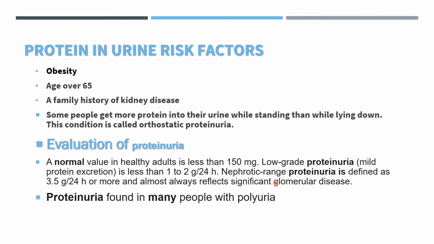Nephrotic range proteinuria is defined as 3.5 grams in 1 day or in 24 hours or more, and almost always reflects significant glomerular disease. So we can see that in the case of proteinuria, the protein content in the urine increases as compared to normal adults. Proteinuria is found in many people with polyuria.